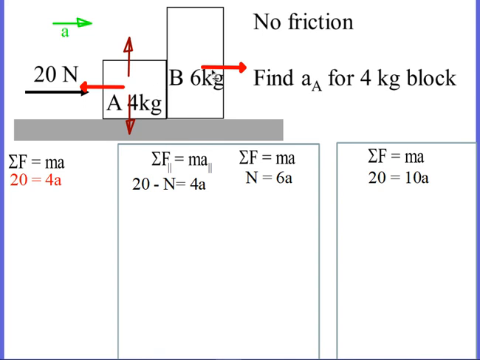These two, the red ones that I drew here, were an internal force, and they cancel out as an action-reaction pair. But at any rate, now my body that I chose had a mass of 10, and I can get its acceleration, and then I could reason that the acceleration of AB combined is going to be the same as the acceleration of A, and be done with the problem.